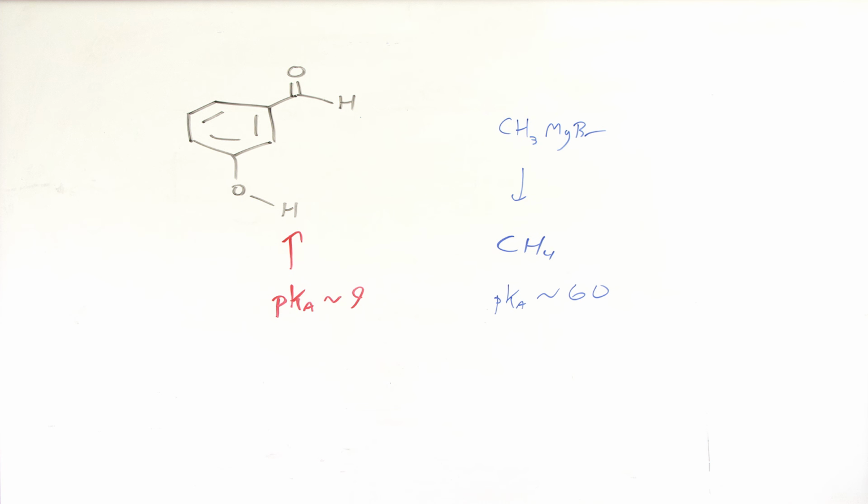What this means is we cannot get away with strong carbon or hydrogen nucleophiles if there are acidic hydrogens anywhere nearby. That means if we're going to use a Grignard reagent, or a hydride reagent, there cannot be any OH, NH, or SH anywhere.